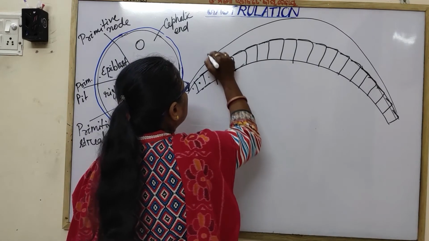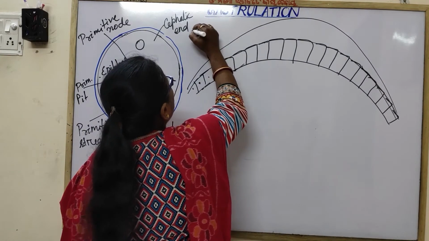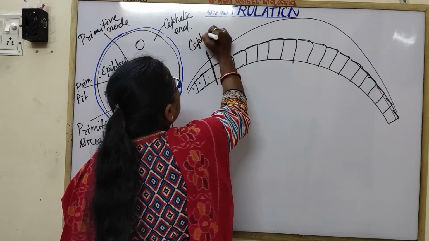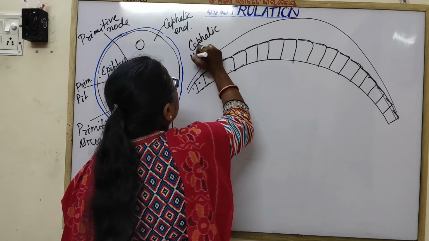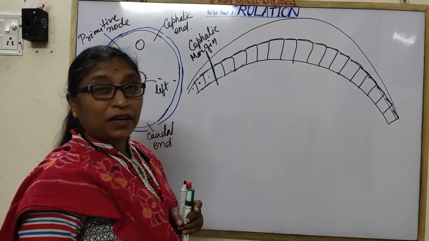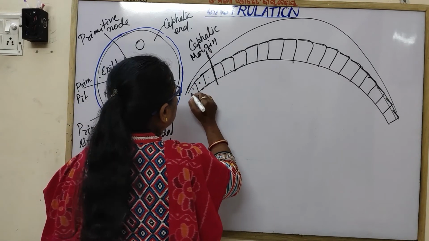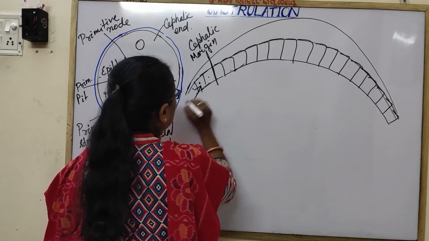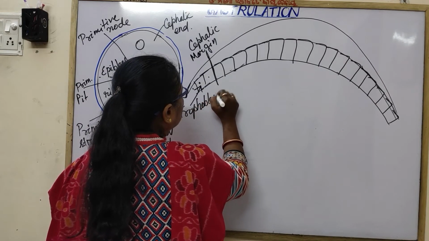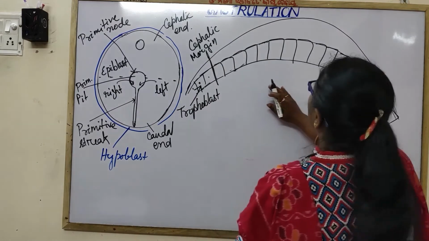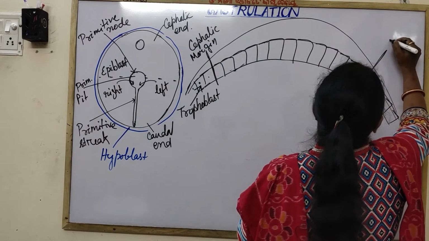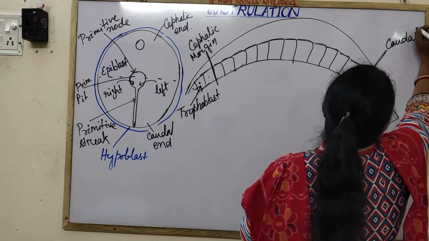Suppose this is the cephalic margin, and after that the trophoblasts are there. Suppose this side is the caudal margin.